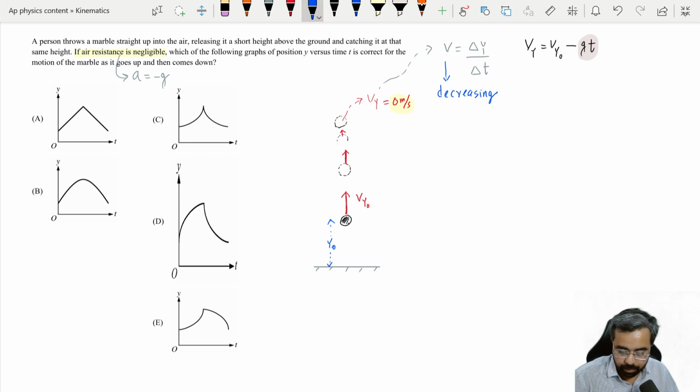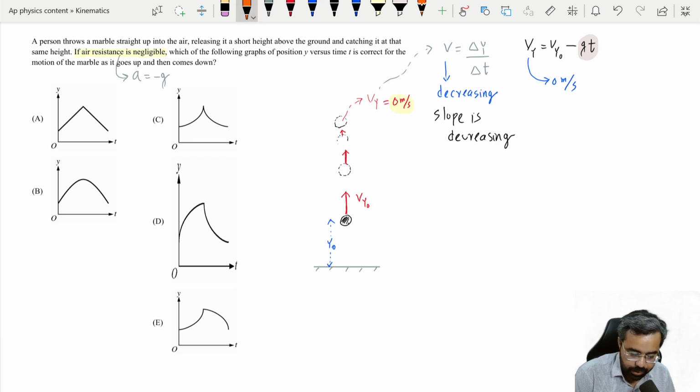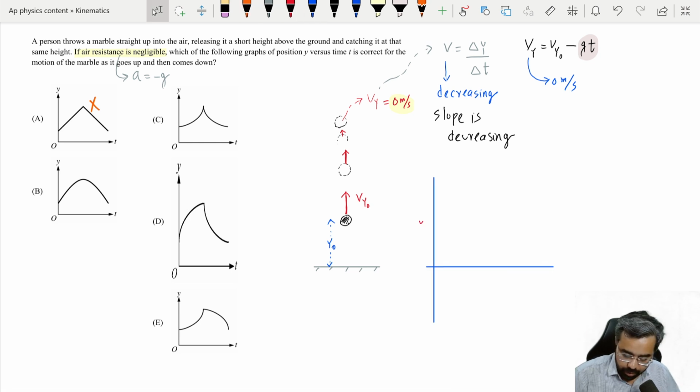Ultimately it will become 0 meter per second at maximum height. So we see that the velocity is decreasing, which means I can say the slope is decreasing. The slope cannot decrease in a straight line graph, so this is not possible. So this is a position time graph.